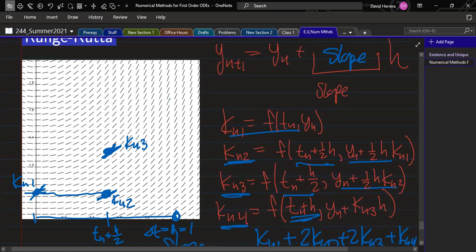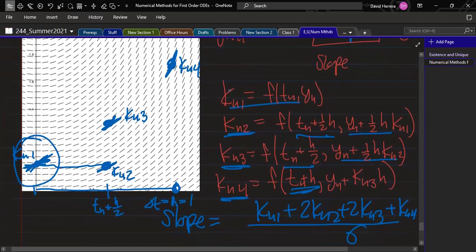So getting over here, we may be up here. And so what we do is we have this slope here. So this is kn4. So what we did is that we used 4 different points to calculate slopes, all in different spots. So it's not just the slope here, it's also the slopes all around. And we were able to then calculate these different slopes, and then we do this average here.